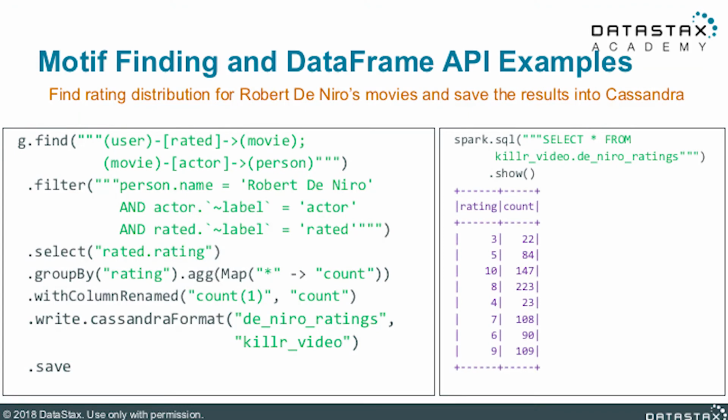Lastly, we use Spark SQL to retrieve data back from the Cassandra table to see if we indeed achieved our goal. And finally, we have our most complex example where we find and compare rating distributions for Al Pacino and Robert De Niro by retrieving and combining data from both Graph and Cassandra. That should be interesting.